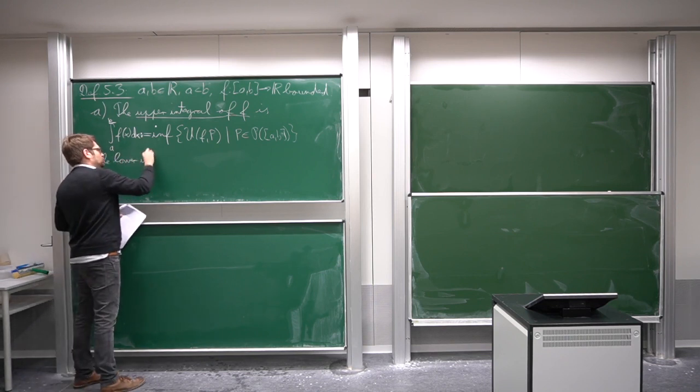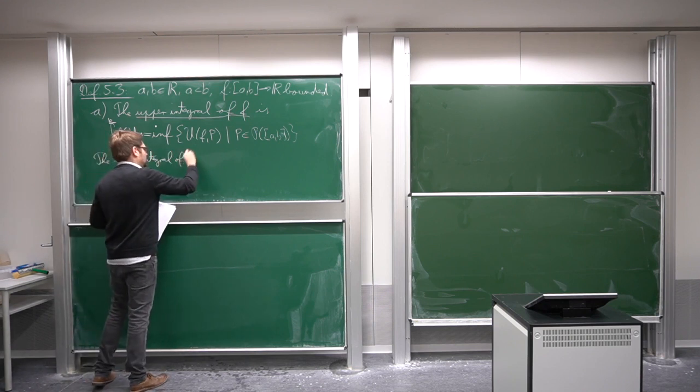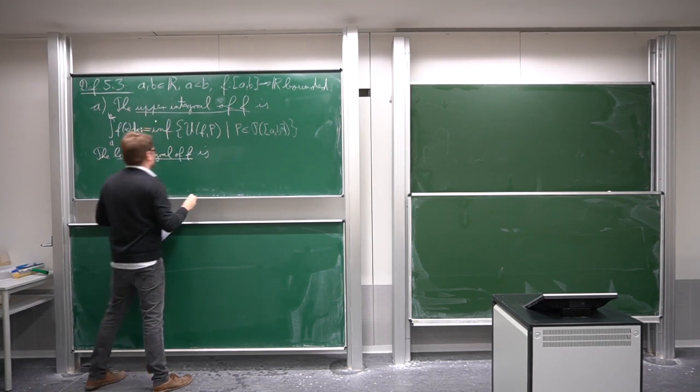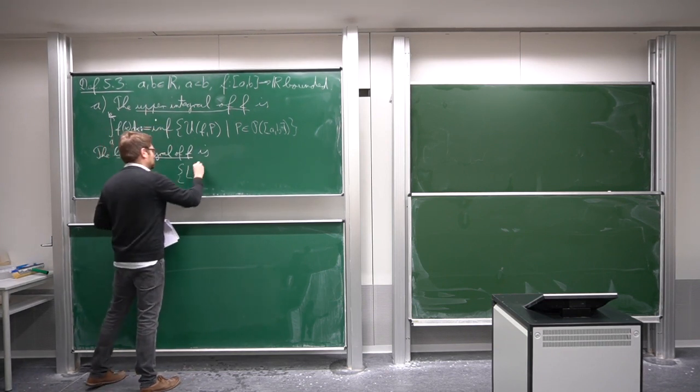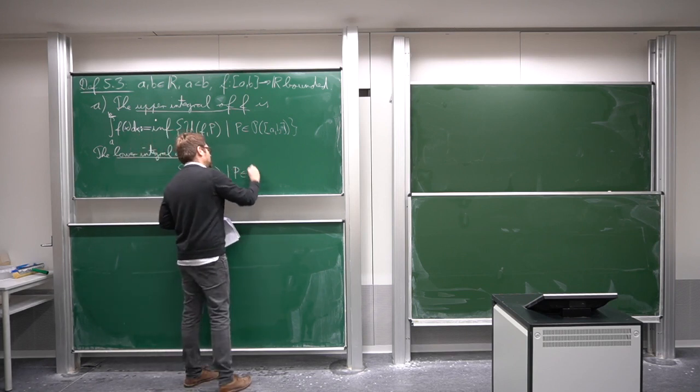The lower integral of f is the following. We now take all lower sums over all possible partitions of our interval.